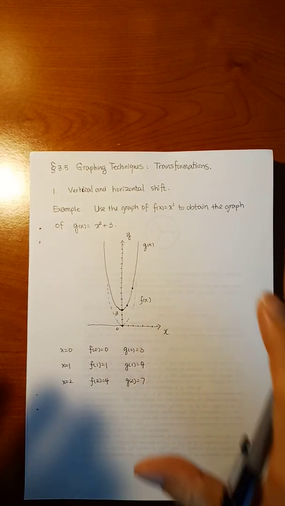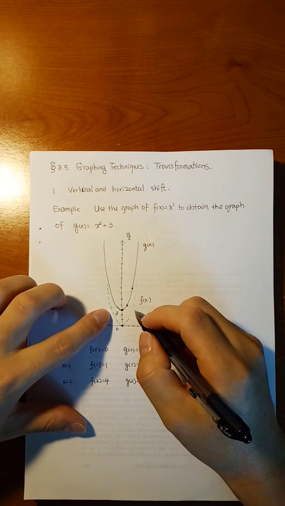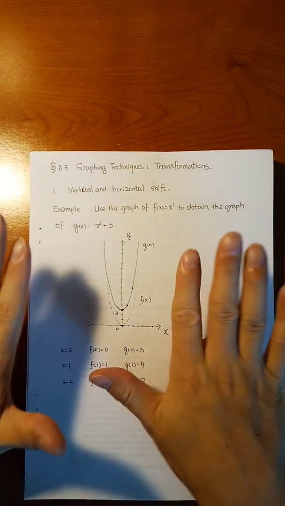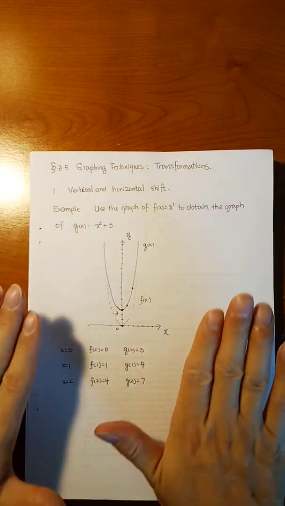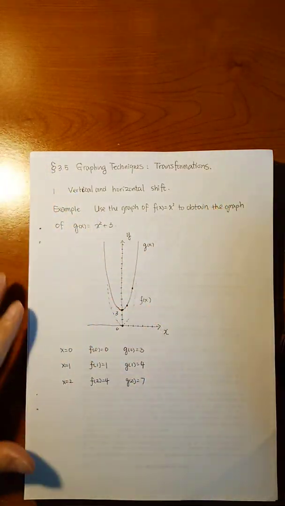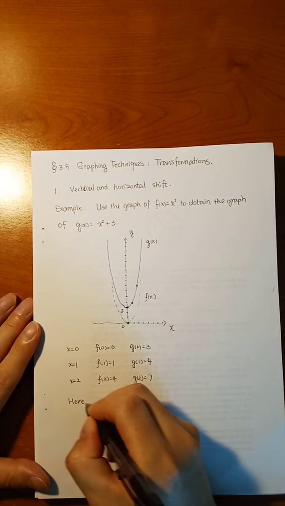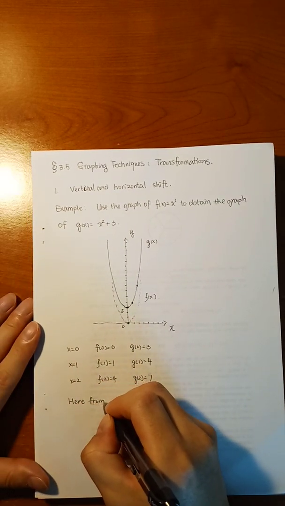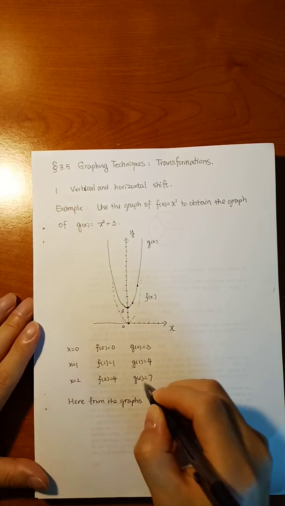If we have the original graph of f(x), we can imagine that in order to get g(x), we actually shift the graph.